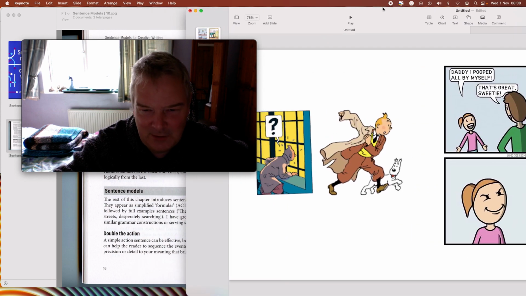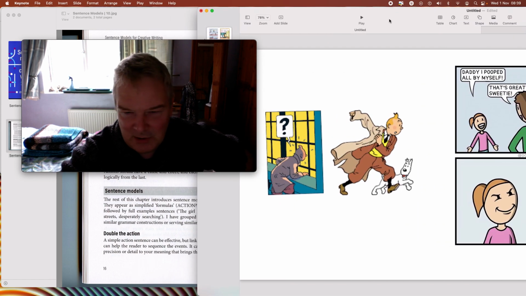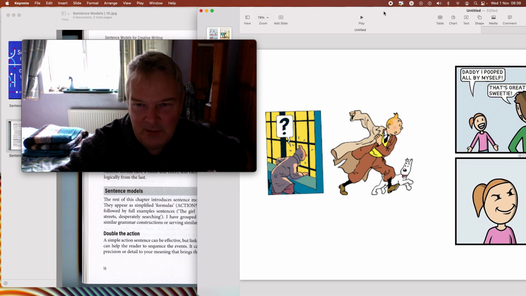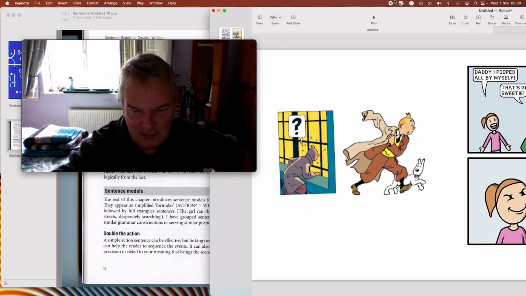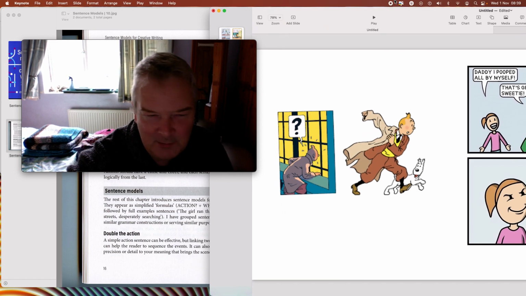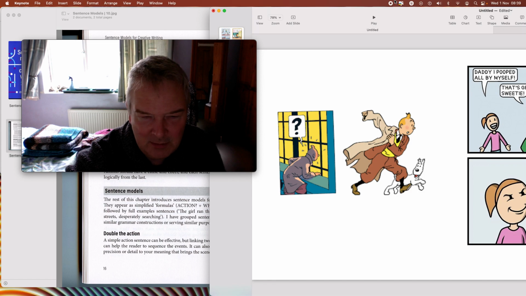There's this one. I found one with Tintin, which has got no words whatsoever. So with the sentence structure, who, what, and what, I could do the who, Tintin, what, looked out the window, and I know, suddenly put on his coat.